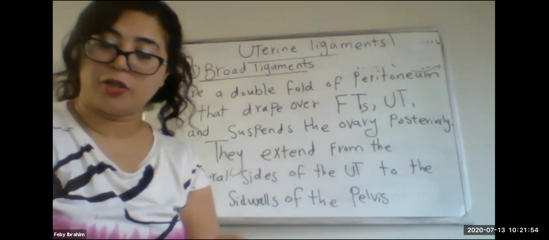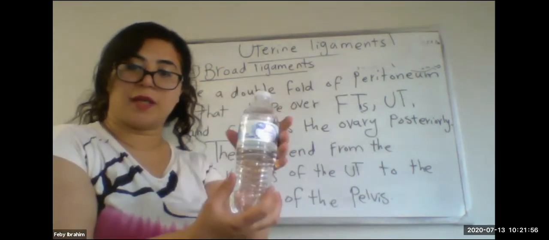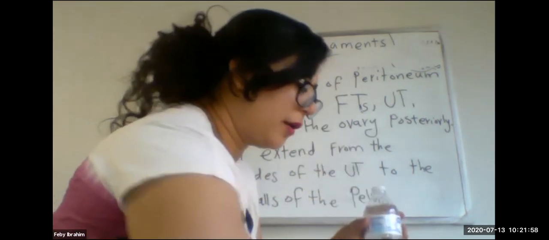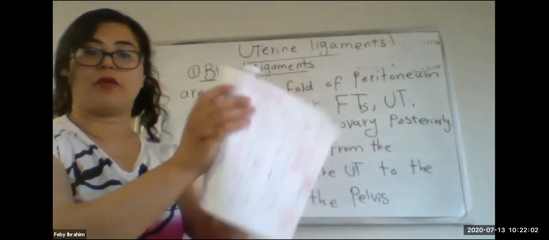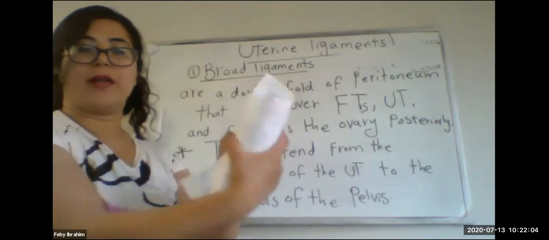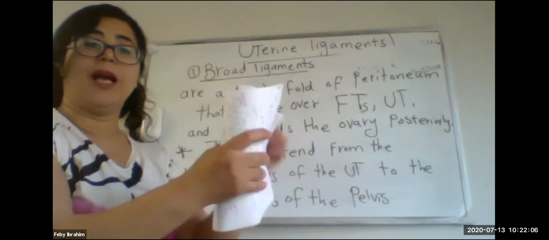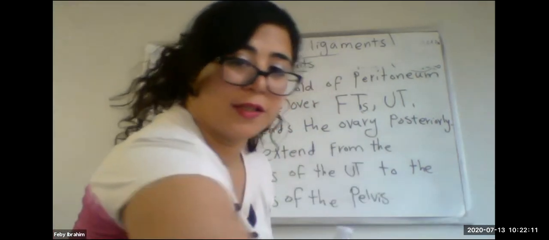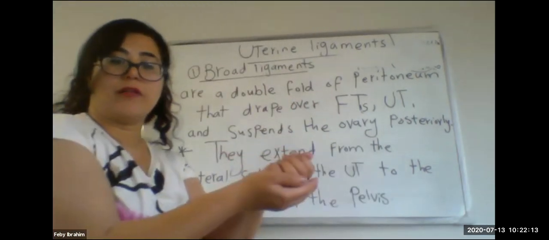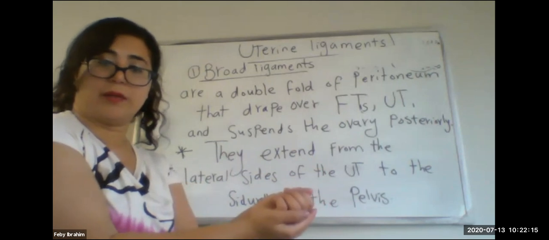Imagine this bottle is the uterus, and the broad ligament includes the uterus from anterior and posterior, and also the fallopian tubes. But for the ovaries, it will be only from the posterior aspect.